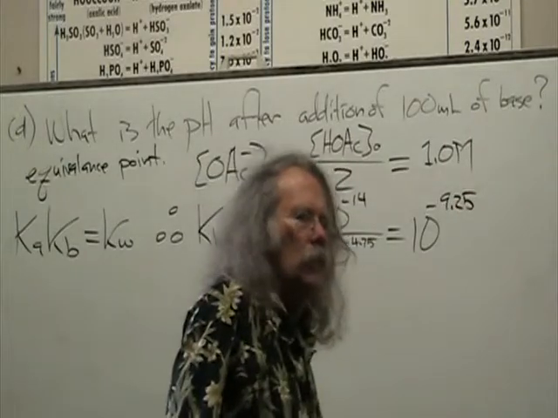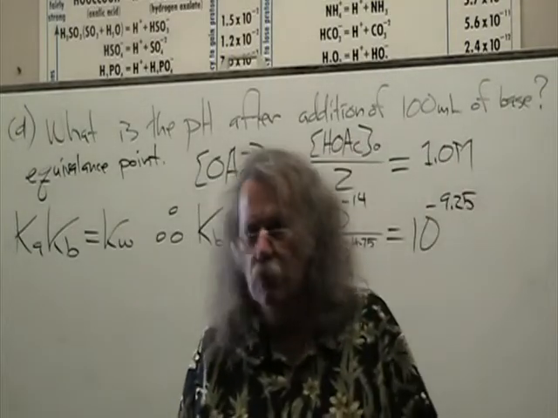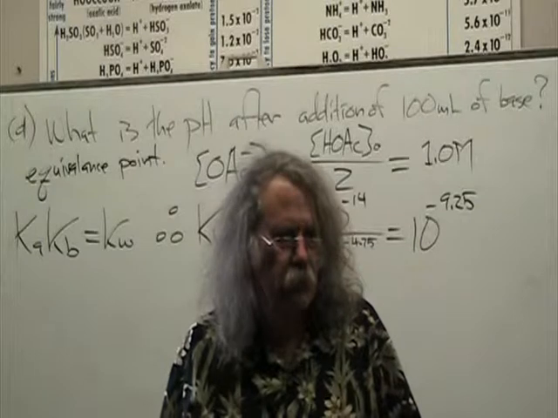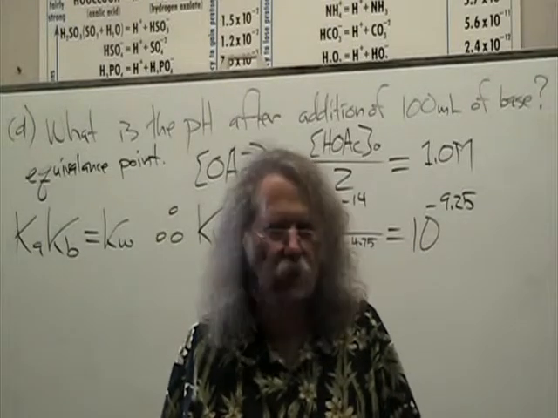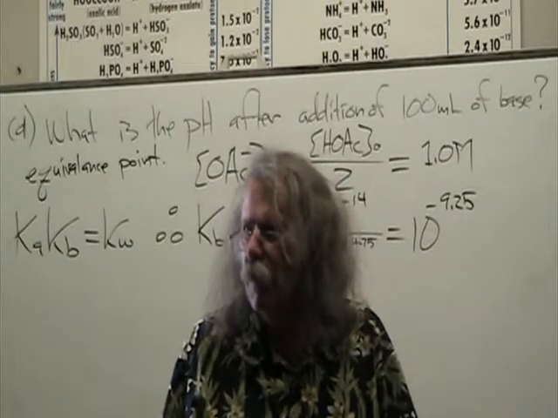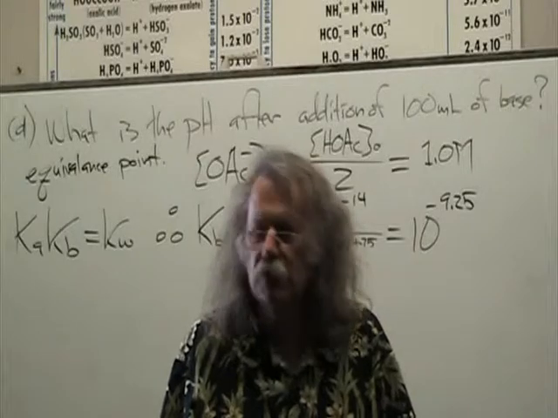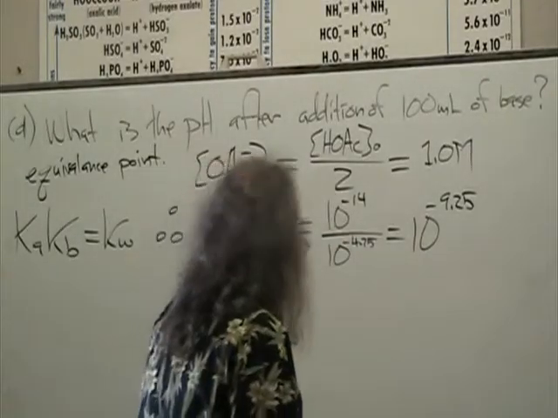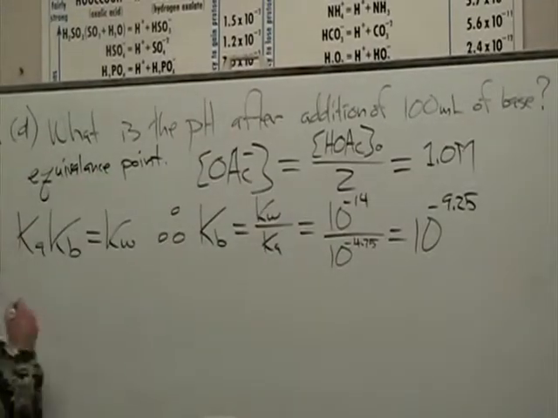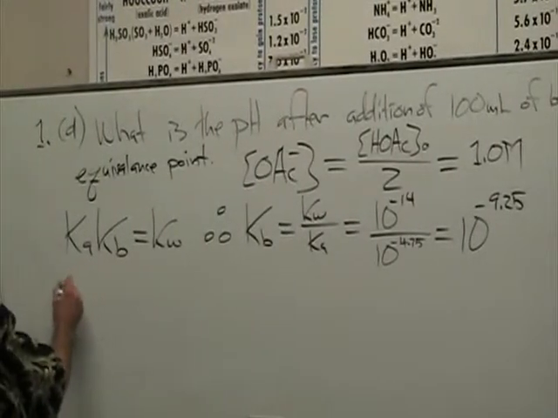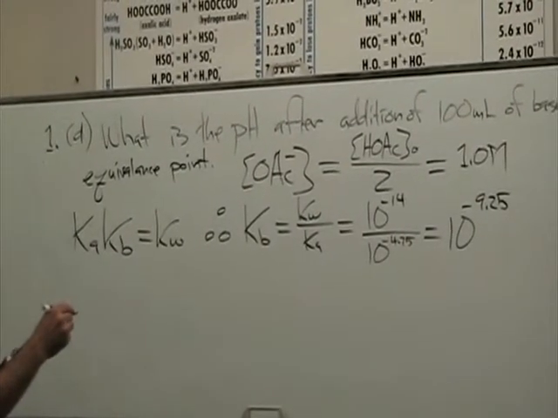Now, should we check the approximation? Yeah. Why not? Since you were here anyway, might as well. Okay, so we'll do that. And the approximation was, what is it again? How do I check that?